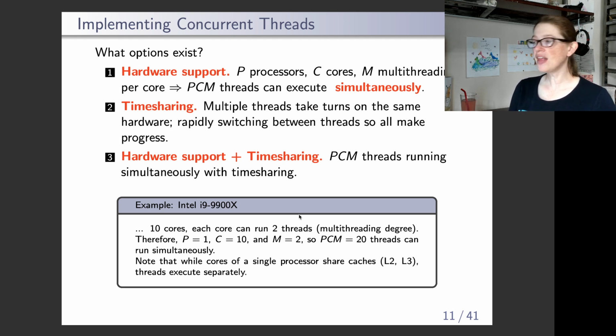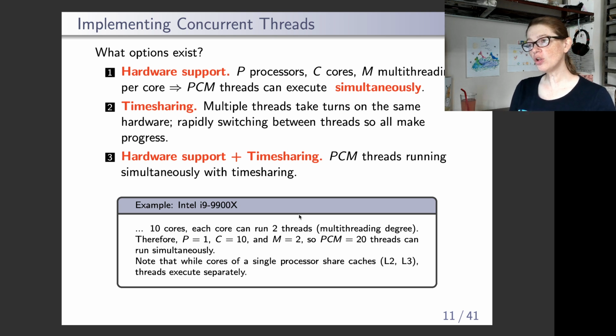The easiest option, and the option that we're not going to go into any great detail, is this concept of hardware support. We may have multiple processors. That's not so common in today's desktops, but it was pretty common in the 90s and the early 2000s. Each of those processors may have multiple cores, and each of those cores may support some degree of multi-threading. Then you can execute some number of instructions at the same time, truly in parallel.